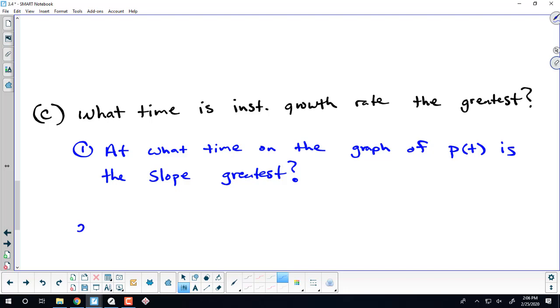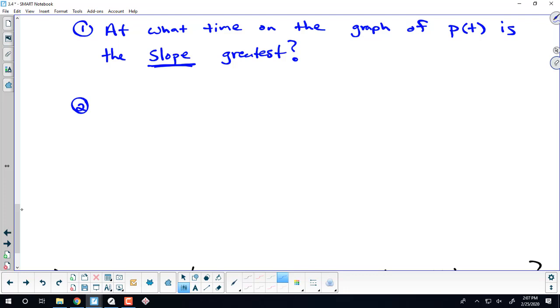But the other thing we could do along the same lines of graphing would be to do what? Since we have the instantaneous growth rate, could we just graph that and see where it's the highest? This takes a little less of the guessing out of it, so this is probably preferred to answer this question exactly.